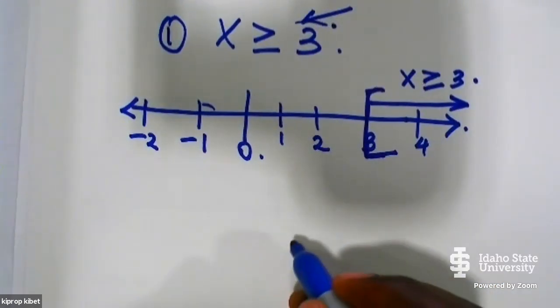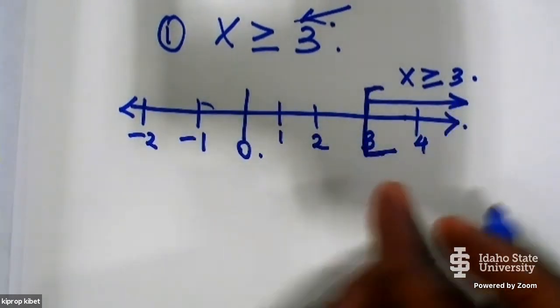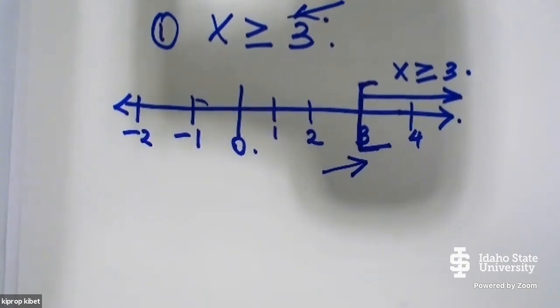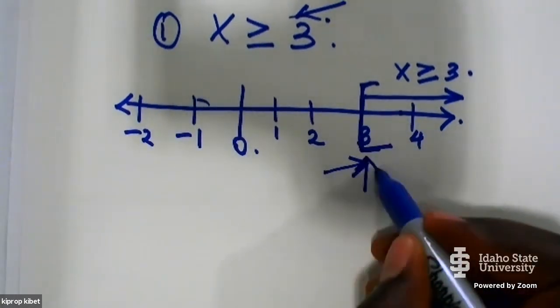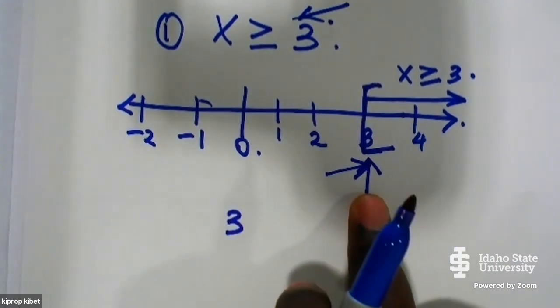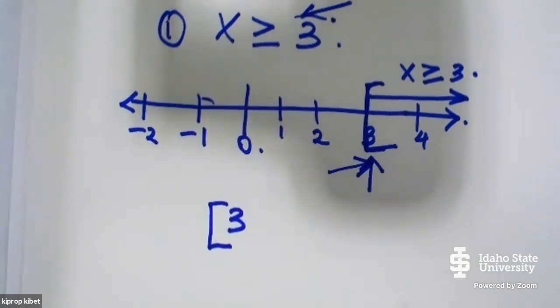So interval notation for this is the value of x. It's in this side. Okay. And then the other value is in the other side. So you start from this. So it's 3 here. And if it is including 3, then you use that. Okay. So it is in this side, and then the others are in the other direction.